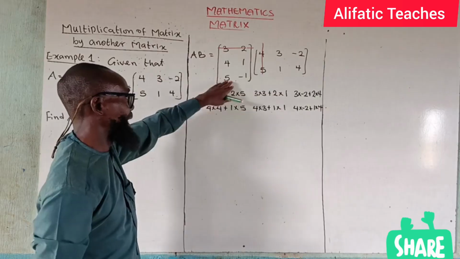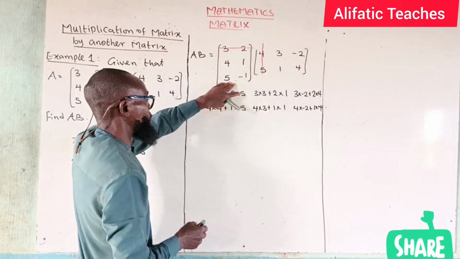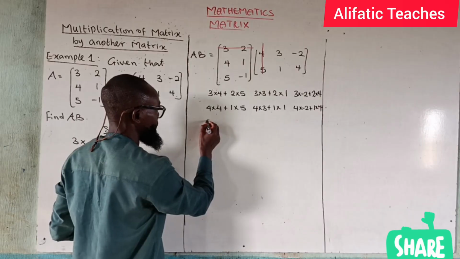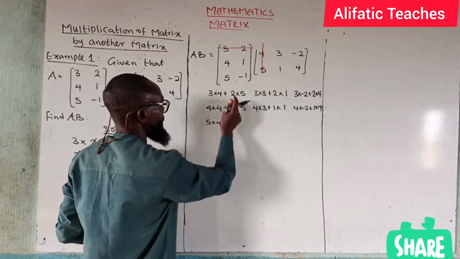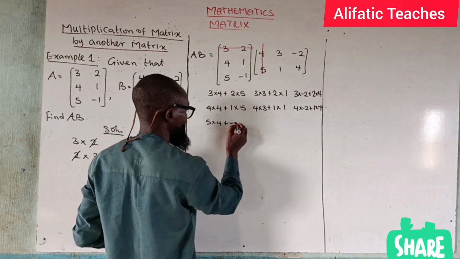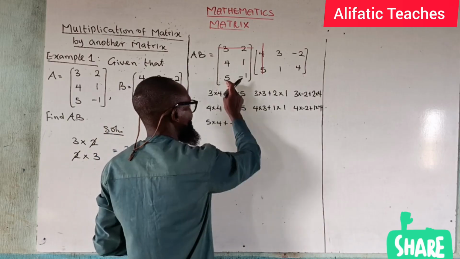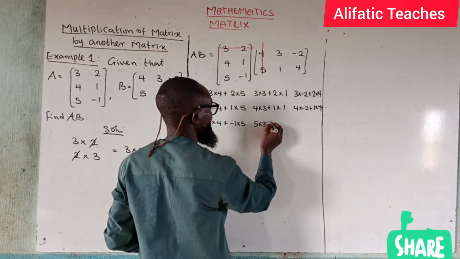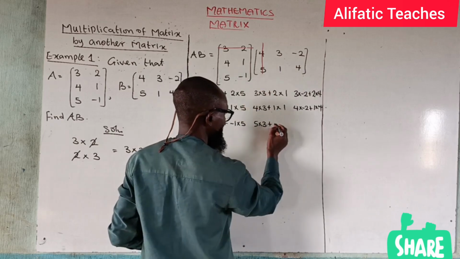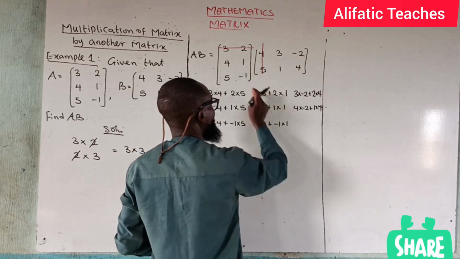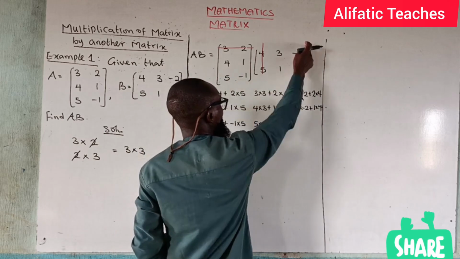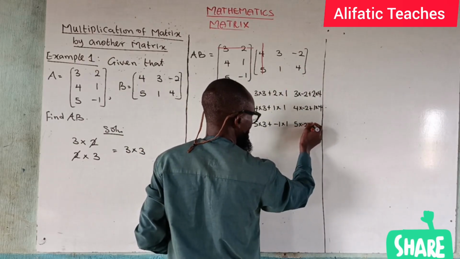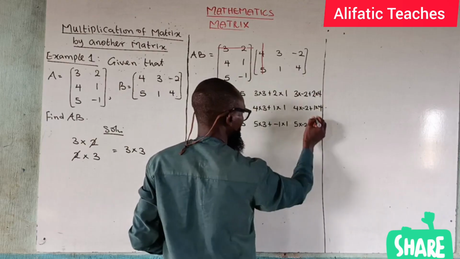Now we move to the last one, which is the third row. So third row, first column, 5 times 4 plus minus 1 times 5. Then third row, second column, 5 times 3 plus minus 1 times 1. Then third row, third column, 5 times minus 2 plus minus 1 times 4.